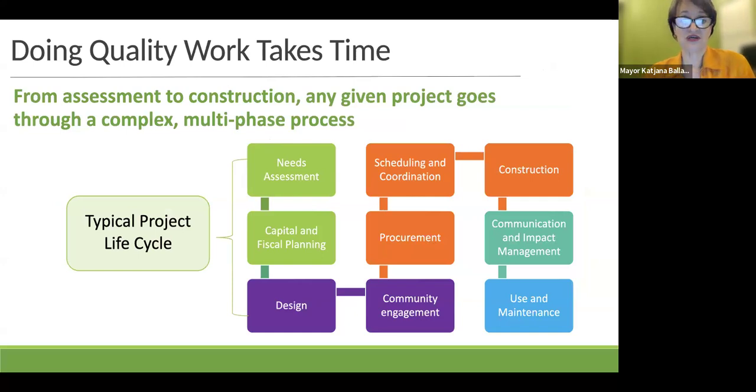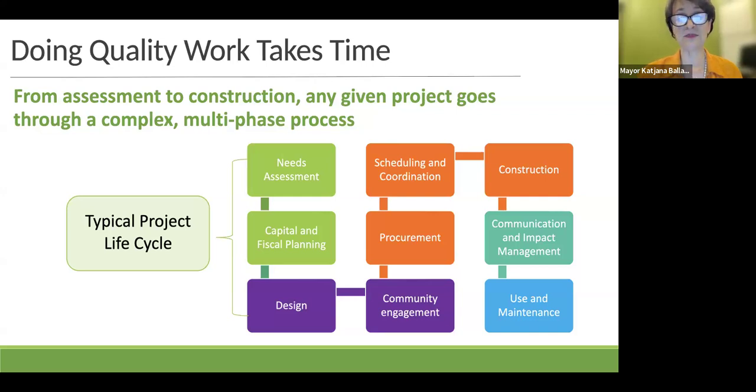I do also want to share that all of this work takes time and involves many steps. This chart is simplified, but the typical project requires assessment, capital and fiscal planning to be sure we can pay first for the design and then for the project itself.